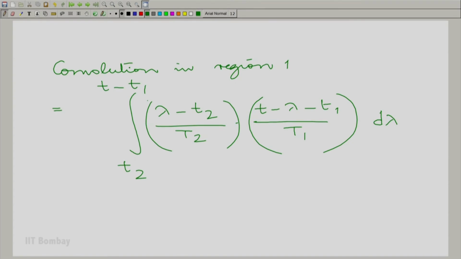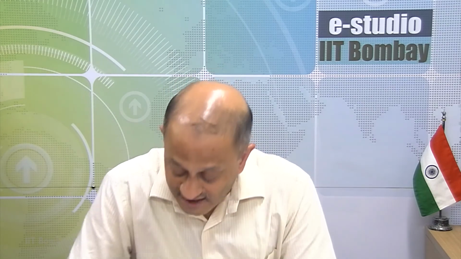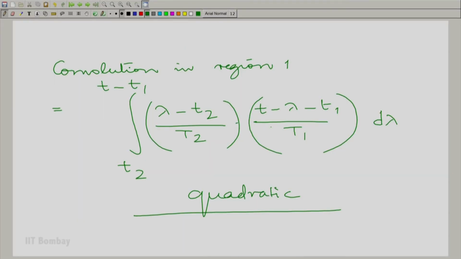So, essentially there is going to be a quadratic, that is to be expected. When you multiply 2 line segments and integrate, you are going to get some kind of a quadratic. Now, in fact, the integrand is quadratic, but when you integrate it, it is going to be cubic. If you expand this, the integrand is quadratic, so you would have a lambda squared term and so on.